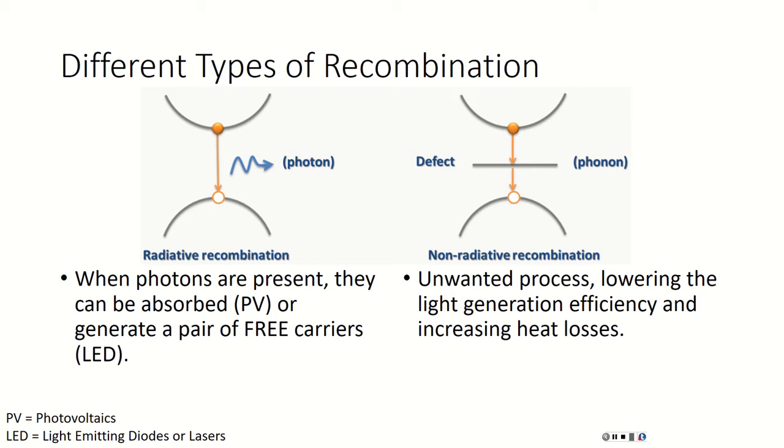This sentence is very deceptive. It's split in two. I'm not a native English speaker, and what my teacher told me is, if a sentence is too long and no one understands it, just chop it into short sentences. So for PV, photons are absorbed, period. For LED, photons are emitted, period. But not a free carrier, right?